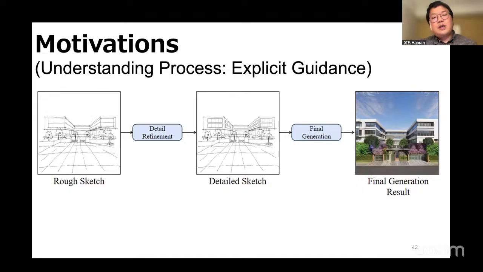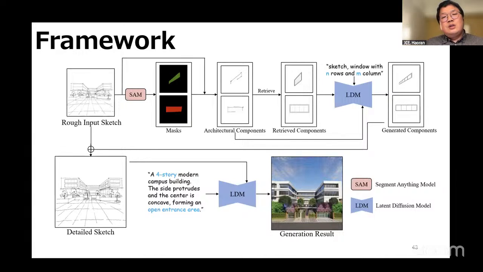From a rough sketch, we get a detailed sketch, and then finally the rendering result. Understanding this process may be helpful for architecture image generation. Basically, the framework is like this. We use a segmentation model and diffusion models, but basically we use retrieval augmented generation (RAG).